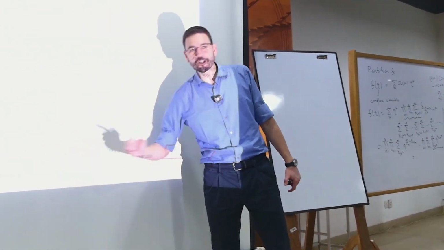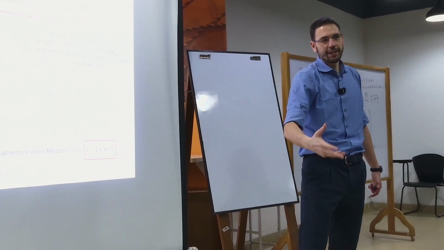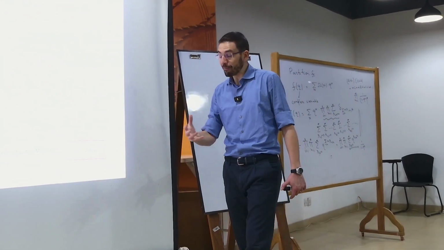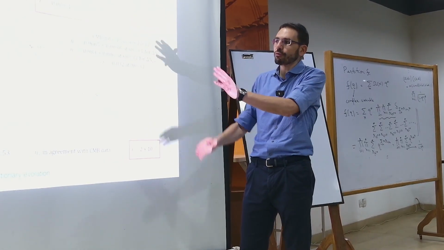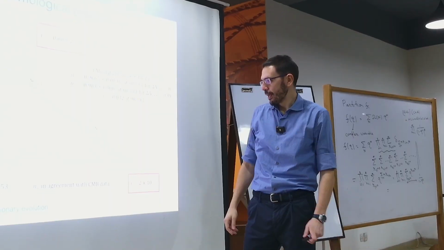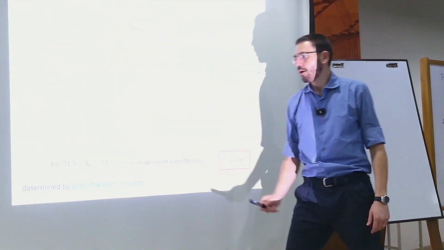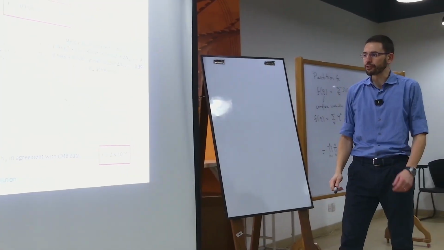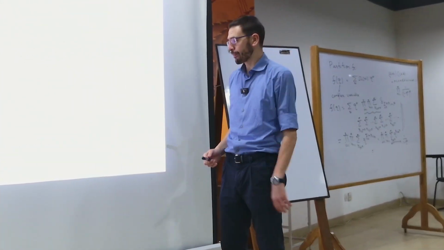So to be able to understand that, you need also to know how reheating took place. That's something that in some models is not well understood. So here at least you can check the decay channels of all these fields. And basically we will see that you get something between 51.5 and 53 e-foldings, depending on some model building options.